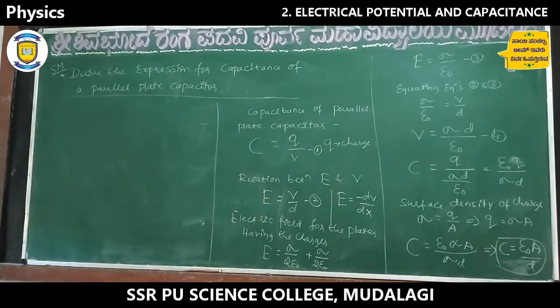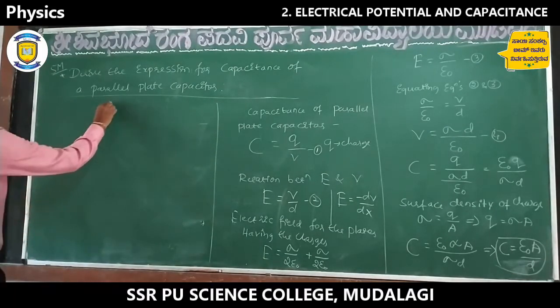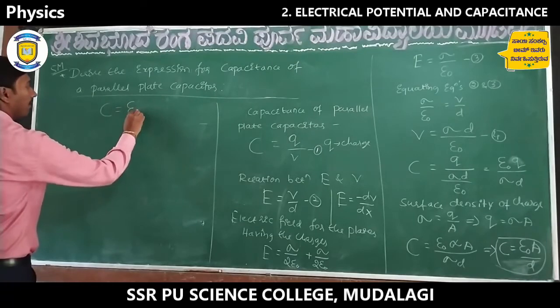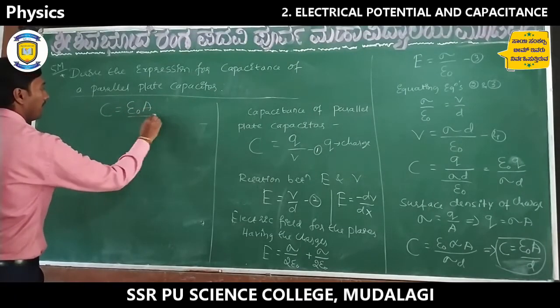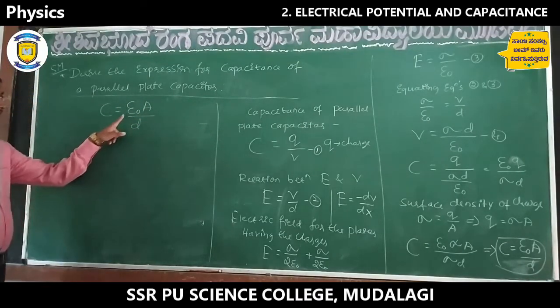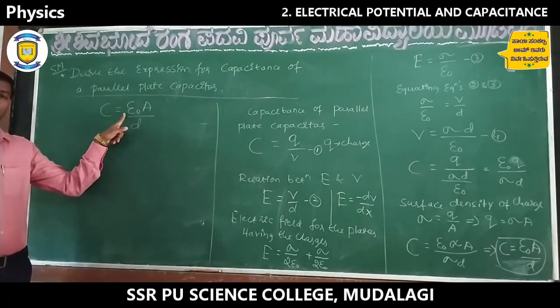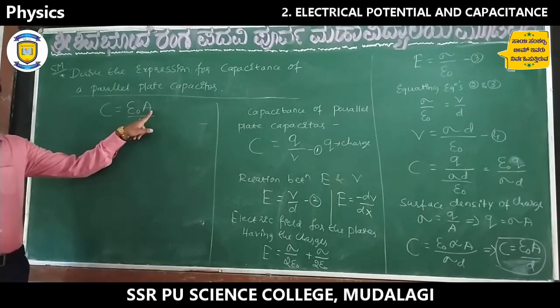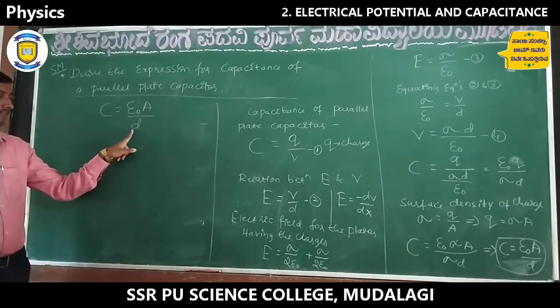Next, the capacitance of a parallel plate capacitor is nothing but epsilon naught A by D. Epsilon naught means the absolute permittivity of free space, correct, for air medium. A means the area of the plates, D is the distance between the plates, correct.